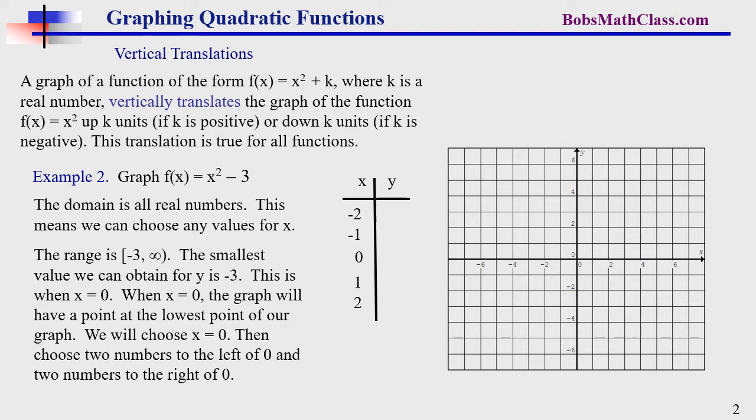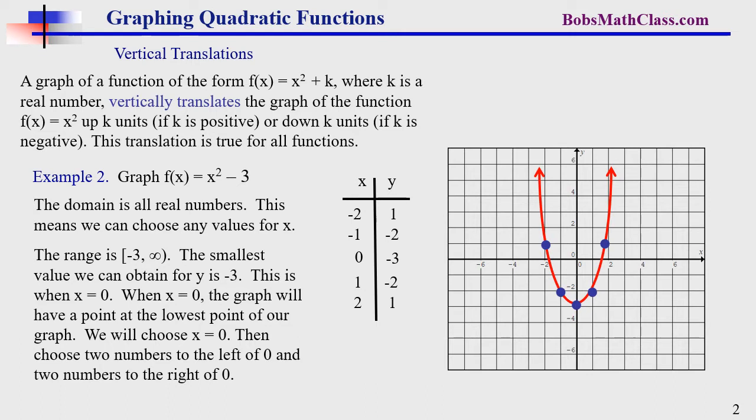And we get -3 for y when we choose x equals 0. Okay, fill in the table and then plot your points. And there you can see it's the same graph as the last example, just lowered by 3 units.